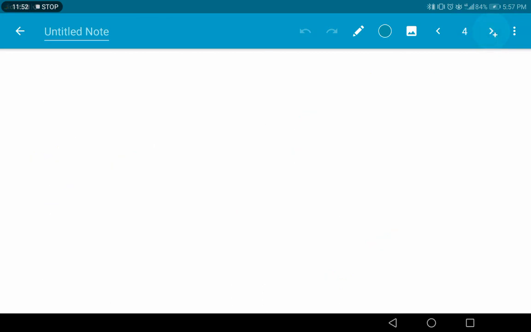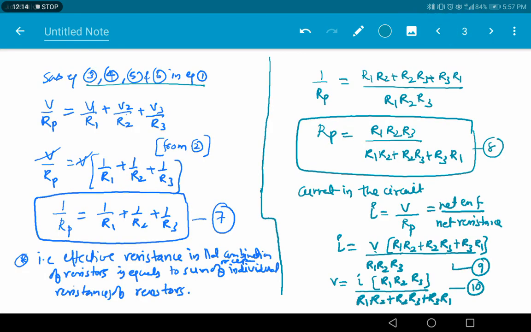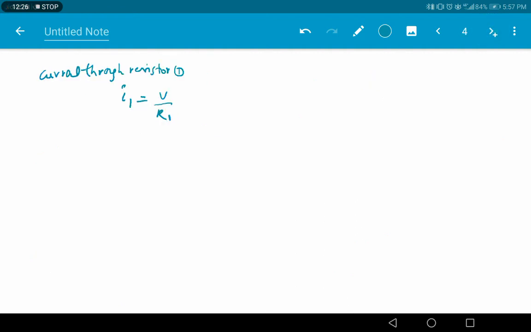Current through resistor 1, I1 is equal to V by R1. So from the last expression, that is from equation number 10, we can write V is equal to I times R1 R2 R3 by R1 R2 plus R2 R3 plus R3 R1. I am using that expression here.